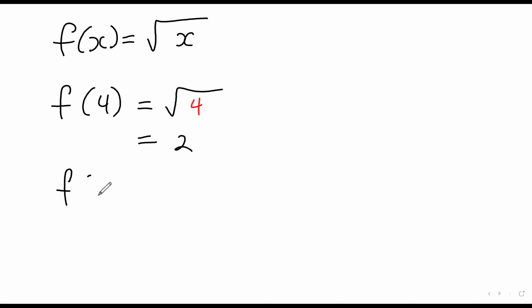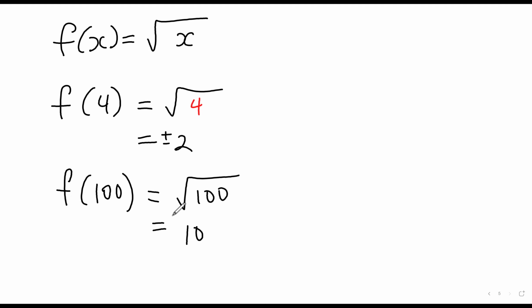Or f of 100, then that would be the square root of 100, and that is 10. In all of these, it will be plus or minus, by the way, because the square root could be plus or minus, right? So it could be positive 10 or minus 10. So the function could be anything. It could be any set of operations strung together, okay?